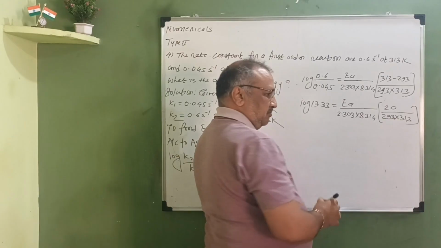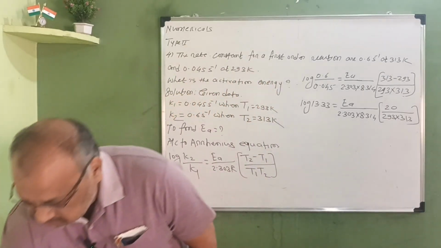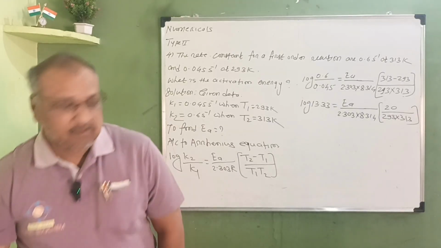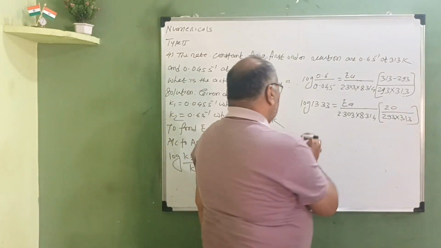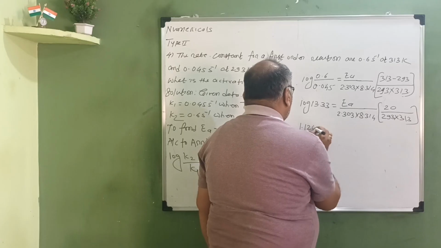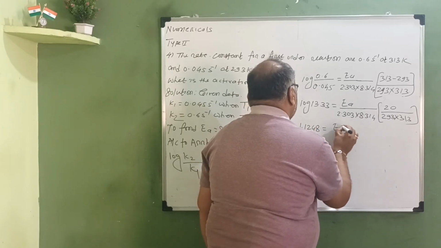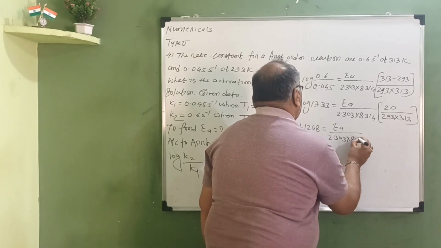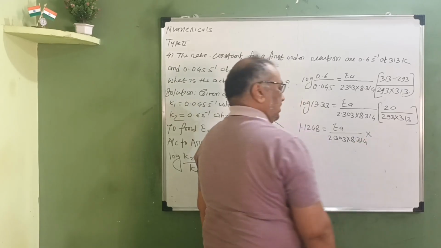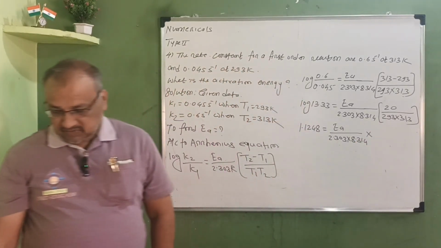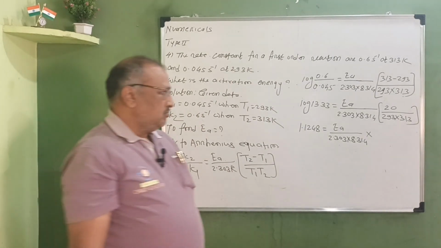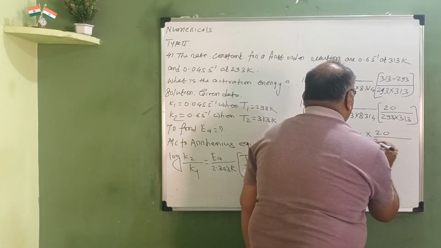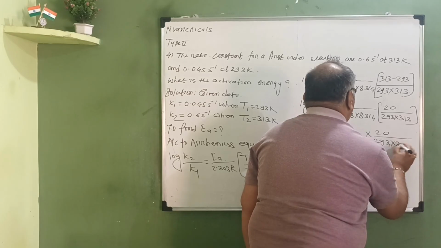That means here 1.1248 equal to EA upon 2.303 into 8.314 into 20 upon 293 into 313.